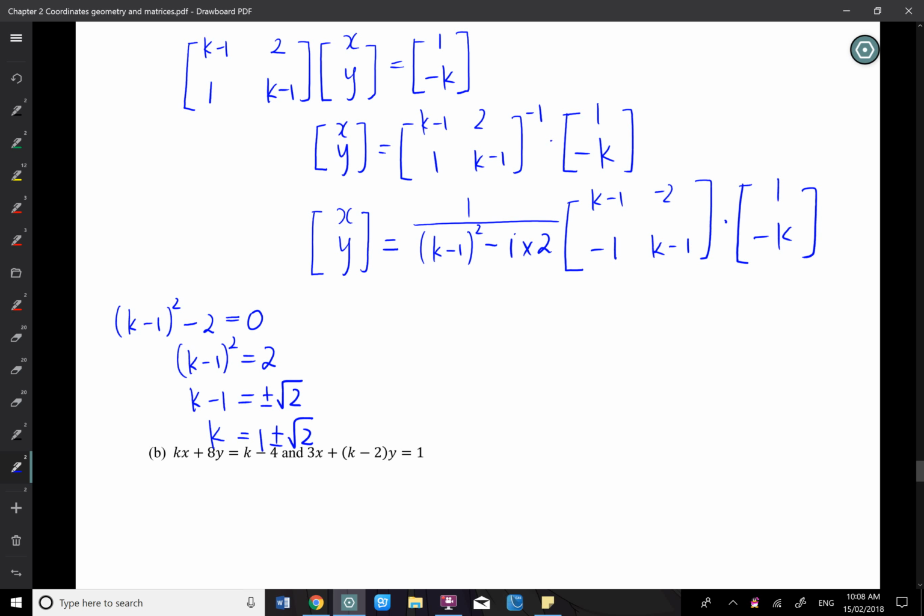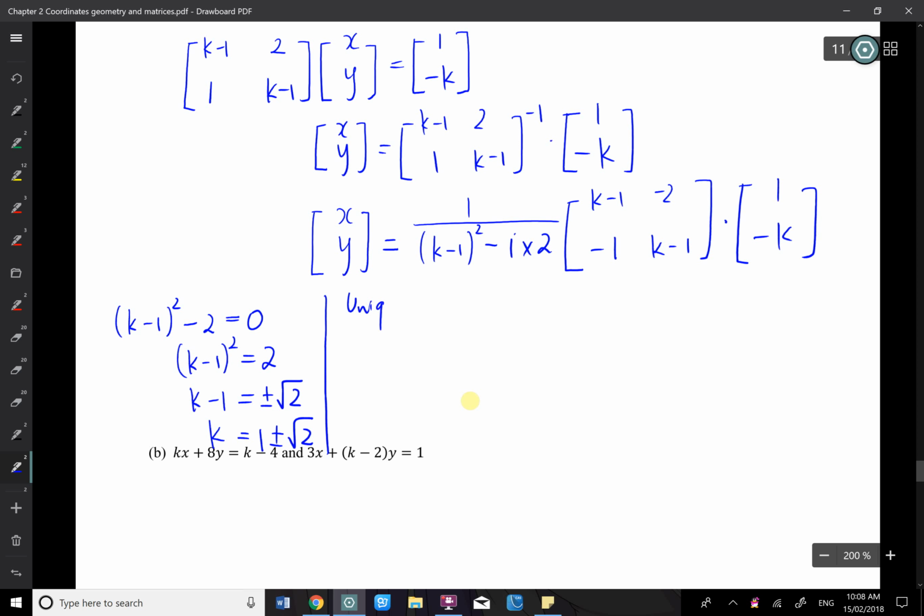Why do I solve this equal to 0? Because 0 is the only problem for this simultaneous equation. Otherwise, I can definitely solve out one x and one y value, a unique solution, because when you multiply the matrices, that definitely gives you a single column, and then multiplying by a number definitely gives one solution only. But that point is the problem point. So I can answer the question already.